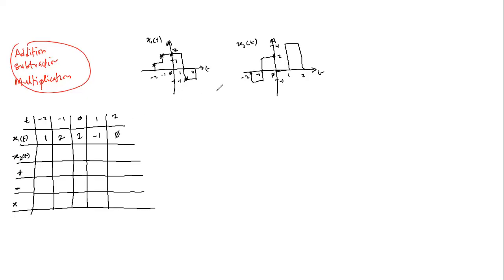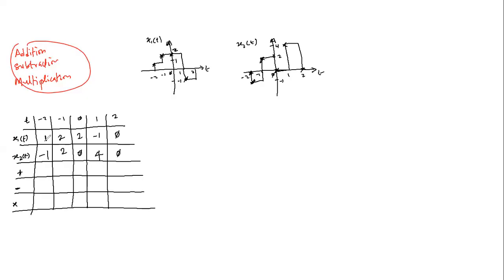Then for S2 of t, at t equal to minus 2, the amplitude is minus 1. Then at t equal to minus 1, the amplitude is 2. At t equal to 0, amplitude dropped to 0. Then at t equal to 1, amplitude increased to 4. Then at t equal to 2, the amplitude drops to 0.